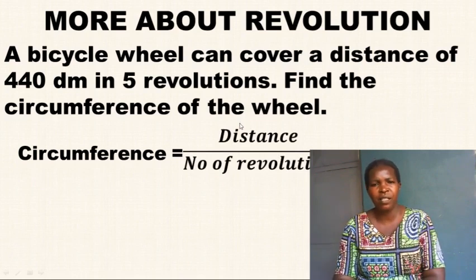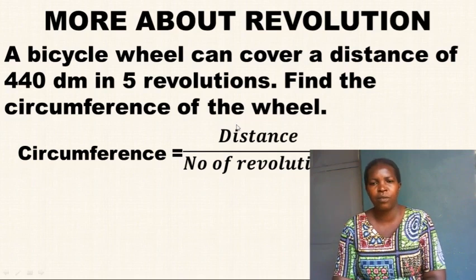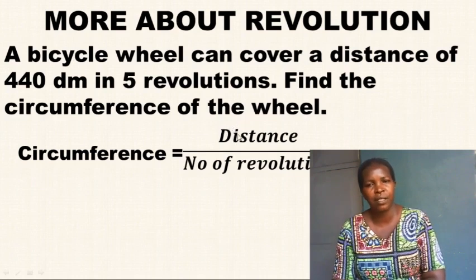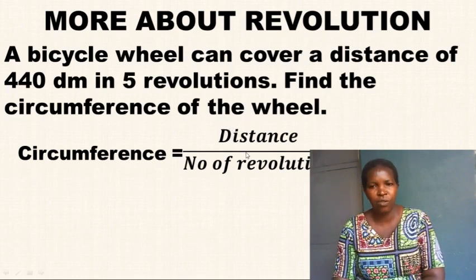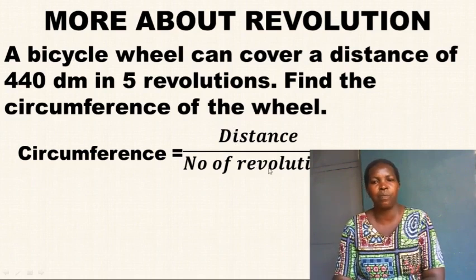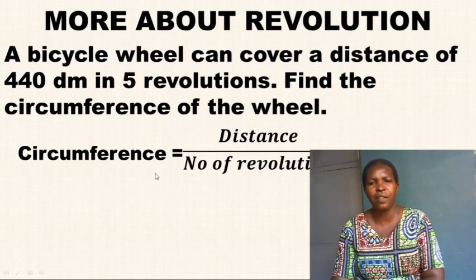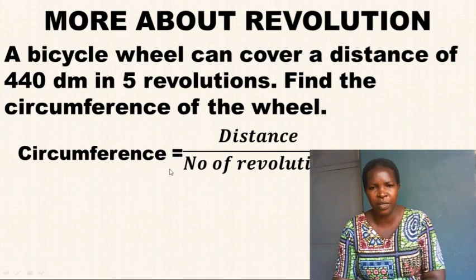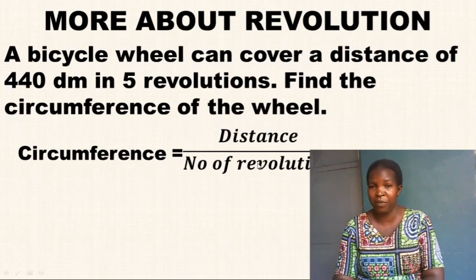Remember, in the previous lesson, you looked at the 3 terms: circumference, distance, and the number of revolutions. Using the knowledge you learned in the previous lesson, we can derive the formula of getting circumference, which states that circumference is equal to distance out of number of revolutions.